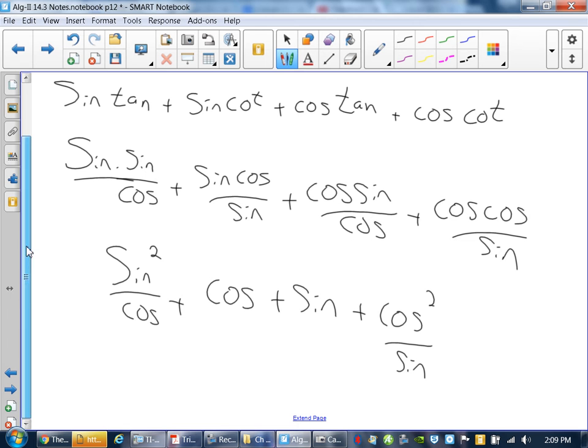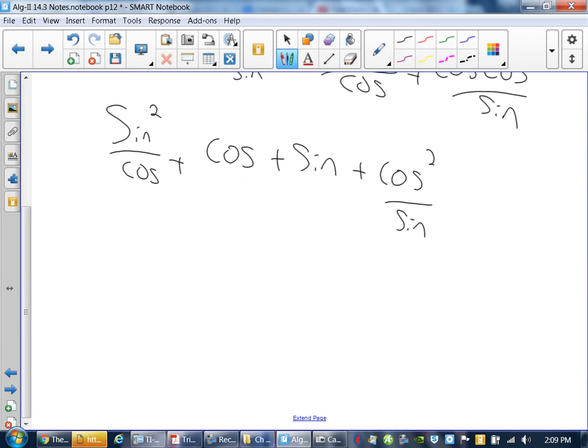So far, so good? Yes, no, maybe so? Okay. Now, again, I'm back to a super awesome looking equation.